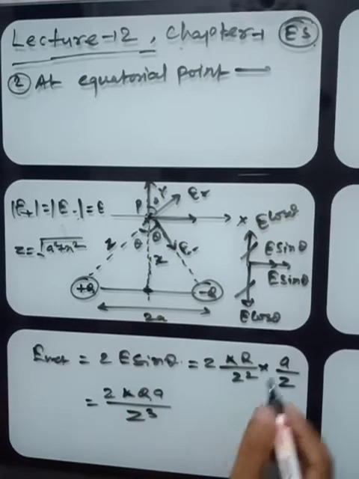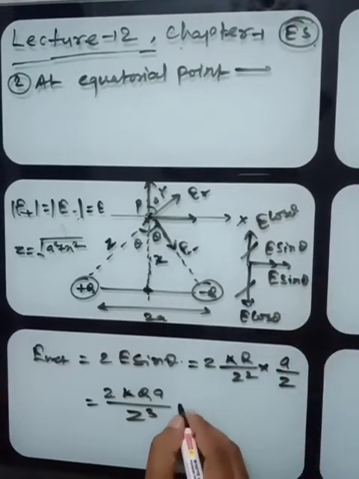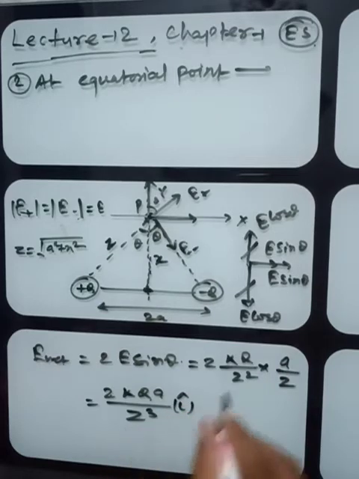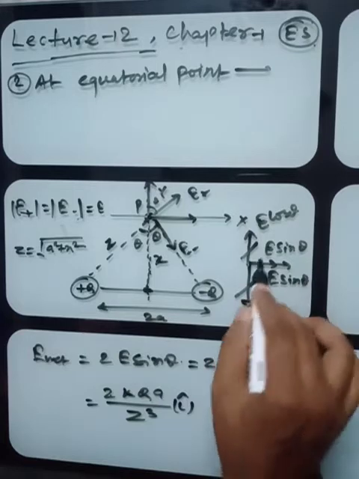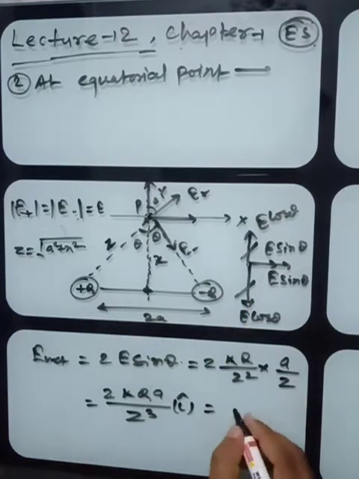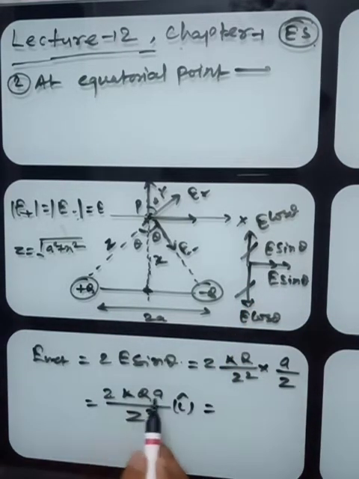The direction, students, is along the x axis, since the other components cancel out. This can also be written as q times 2a.